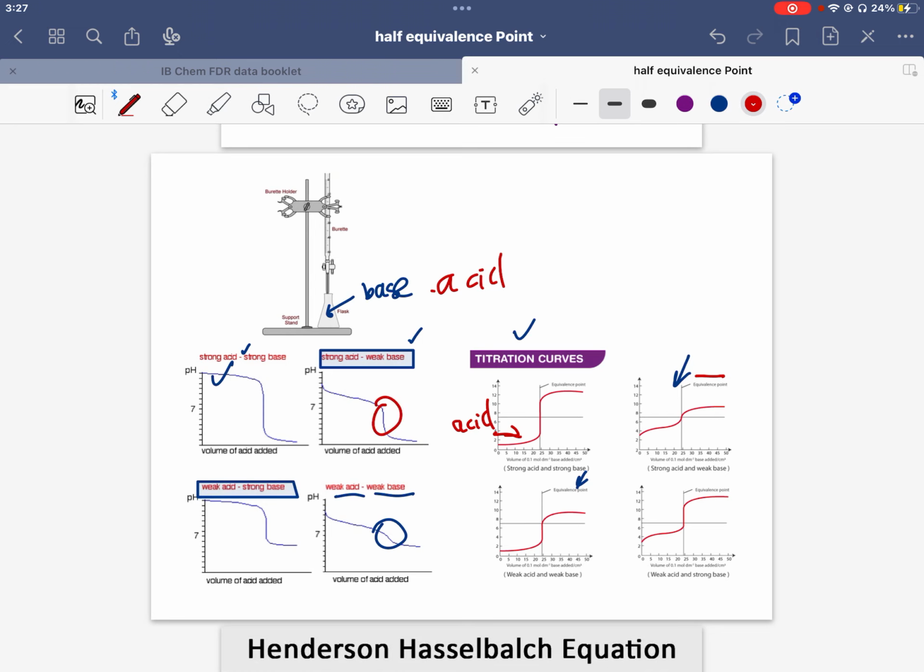We see that the equivalence point is going to be either lower than 7 if I have a strong acid, higher than 7 if I have a strong base, or around 7 if both of them are strong, or if both of them are weak. All right, so there's our equivalence point. Our half equivalence point is going to be halfway to the start of your titration and the equivalence point. So somewhere here or here or here, halfway in between the start and when we start reaching the equivalence point.